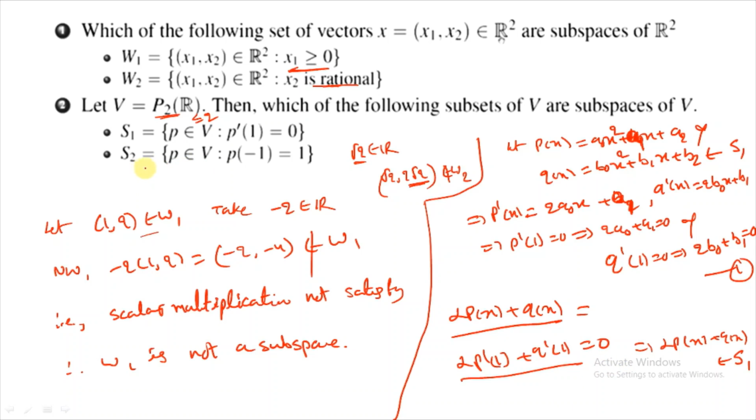Now check S2. You can give any example or another way. Suppose I give a reason. You can give any reason why it is not a subspace. Take S2. The zero polynomial is there. Now observe the zero polynomial, where 0 of x is 0.